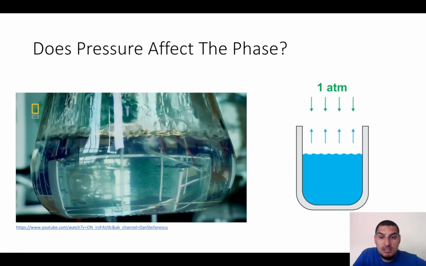This pressure is a function of temperature. So if the pressure that's outside is more than the pressure exerted by the liquid, then the liquid stays liquid. So there is no boiling that we will see. And this is what we see under the normal conditions. You can see water is liquid, so it's not boiling. So for the boiling to happen, we can either increase the temperature.